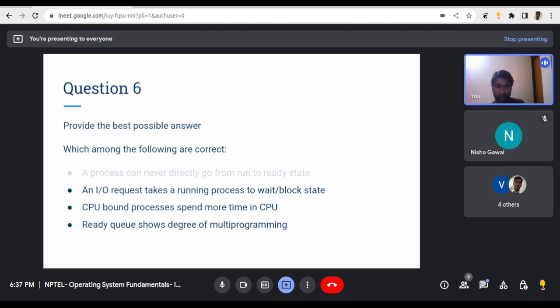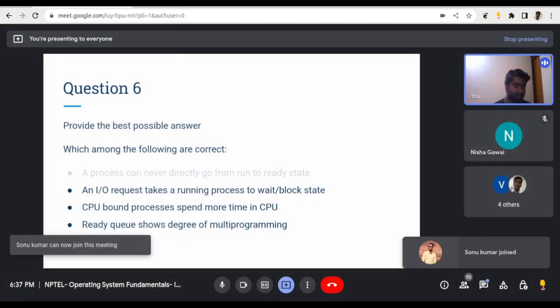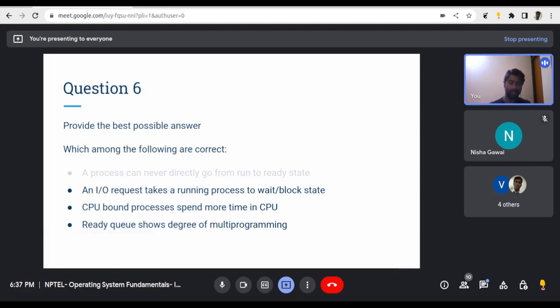Also there is another scheduler that determines which processes will be picked up from the new state into the ready queue, from the job queue into the ready queue. That is determined by the long-term scheduler, and we'll come to questions related to that. The long-term scheduler determines which processes will be picked up from the job queue and put in the ready queue of the main memory, right?